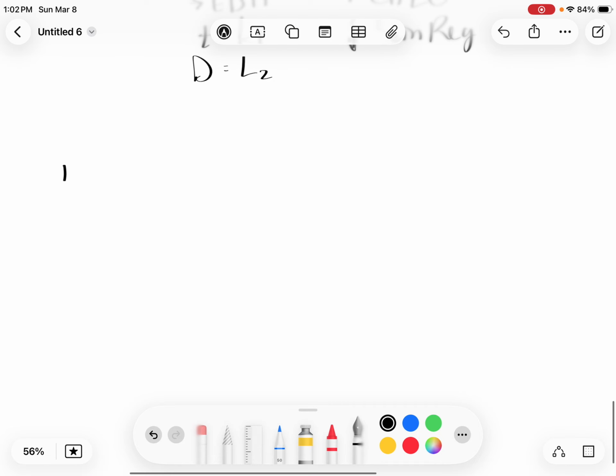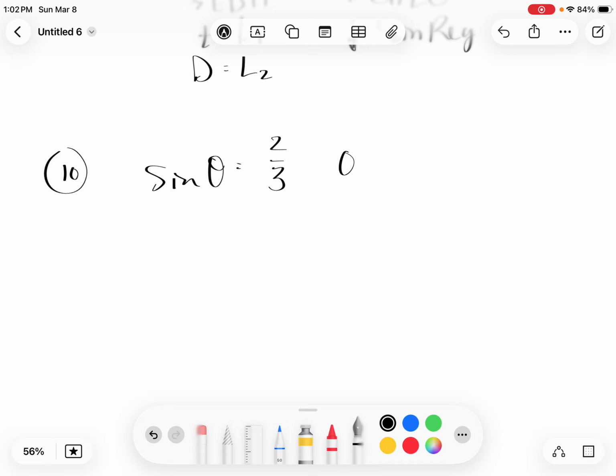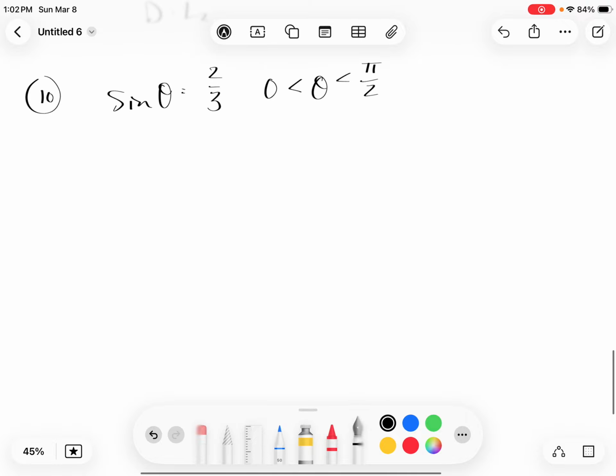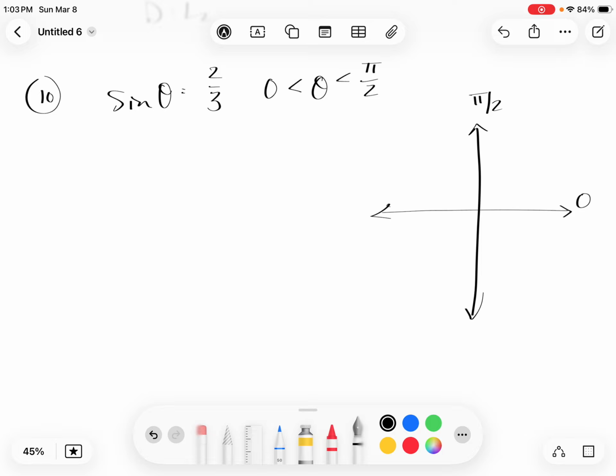And number 10. This says the sine of theta is 2/3, 0 to pi over 2. One of the things that I would do, like on your note card, is put something like this, where this is 0, this is pi over 2, this is pi, this is 3 pi over 2, and this is back to 2 pi.